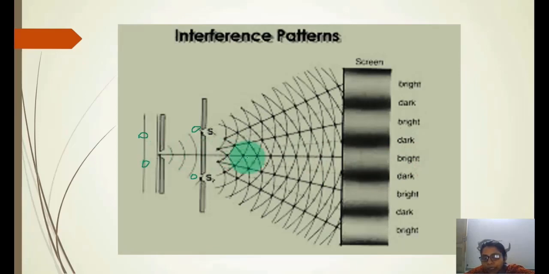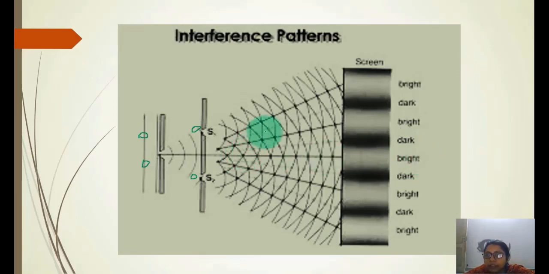Only the central bright fringe will be called the principal maxima, because its intensity will be maximum, and for all the others the intensity of light keeps on decreasing, because the crest of one is not falling over the crest of the other, or the trough over the trough. Only this is the place where the crest of one wave is falling over the crest of another, and the trough of one is falling over the trough of the other. So this region is called the maximum brightness region and is known as the principal maxima.